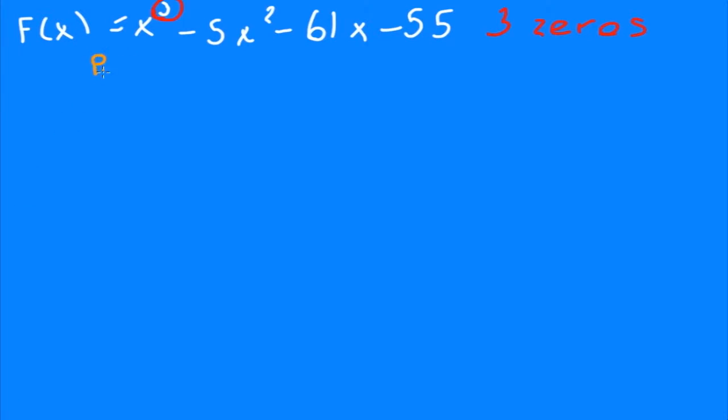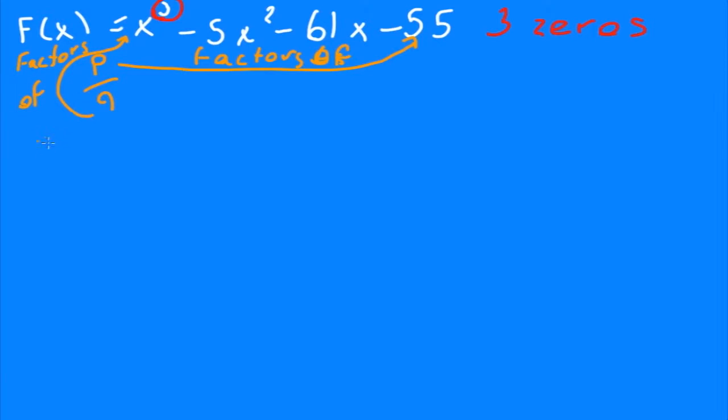Now, what are we going to look for? We're going to look for P and Q. What is P? P is your last number, right? The factors of 55. And Q, the first number, the factors of the first number. So P is equal to plus minus 1, plus minus 5, plus minus 11, and plus minus 55.